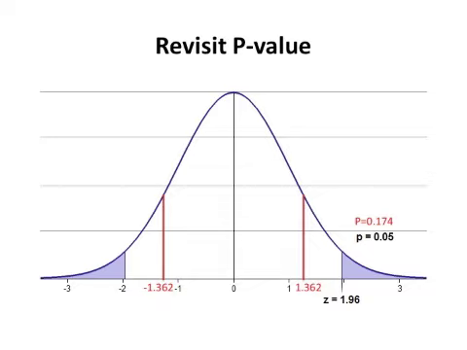Okay, this is a two-sided test. A two-sided test means we are not interested in whether boys have a higher score than girls. We just want to see whether they are different or not. It may be that boys are significantly higher than girls, or girls are significantly higher than boys. That's the reason we sum this area with that area.